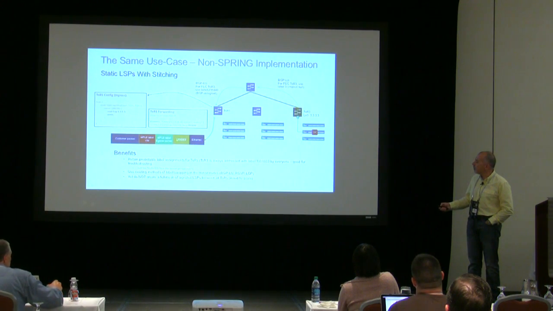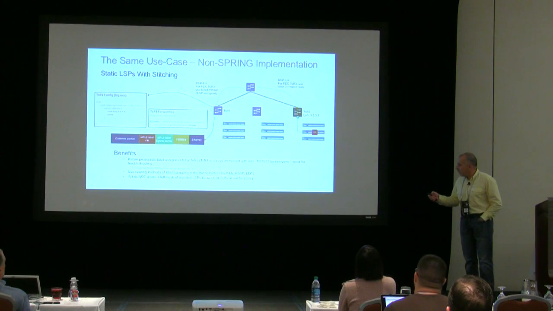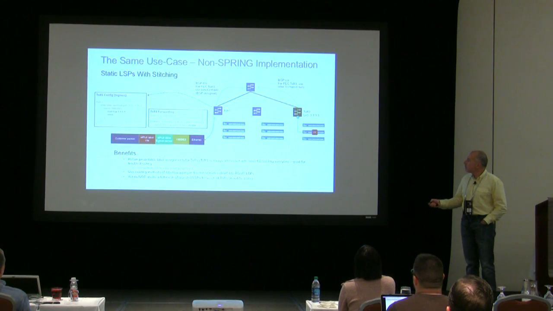Basically, ToR3 is known by label, what is this, 1,000,003, to the whole network. Yet, the actual labels that are flying around in the network are nothing like 1,000,003. They're 299,840. Okay? So the way you do that is by having some clever LSP stitching.